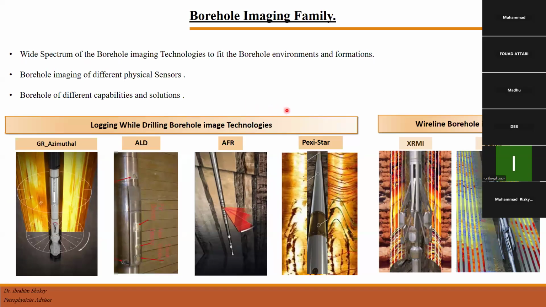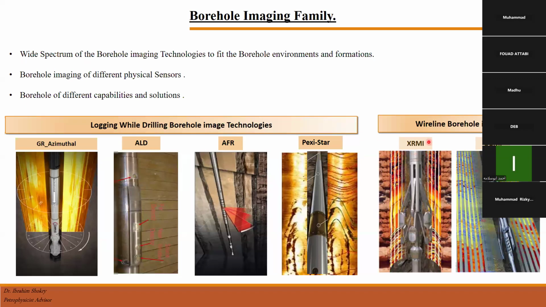By going forward to another category, which is the wireline borehole imaging. If we take an example from Halliburton, the tools there are called XRMI and OMRI.